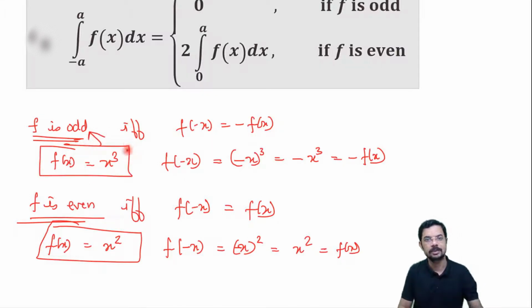So a function is said to be odd if f of minus x is equal to minus of f of x, and the function is said to be even if and only if f of minus x is equal to f of x.